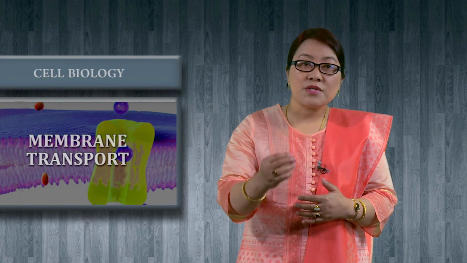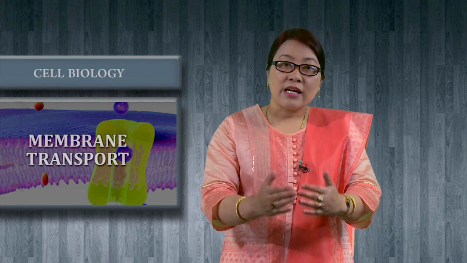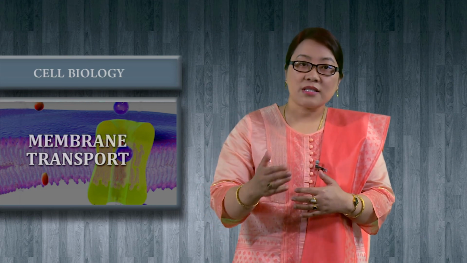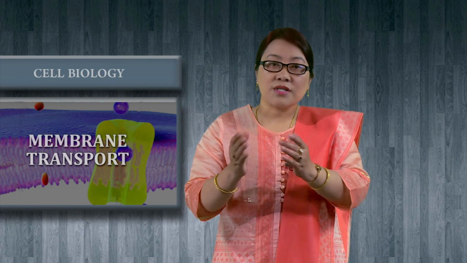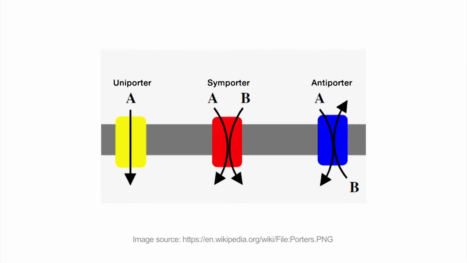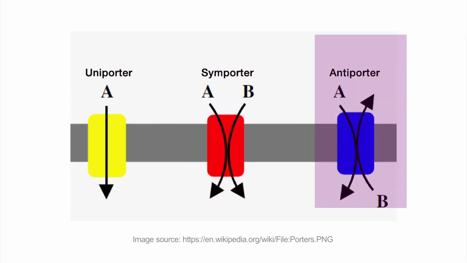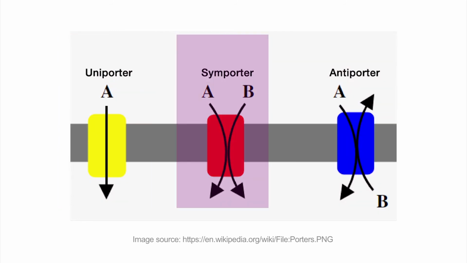The binding of substrate molecules to the transporters is specific and it results in conformational changes in the proteins that allow only the bound substrate molecules to be transported across the membrane. Transporter proteins can further be grouped into three types: uniporters, antiporters, and symporters.